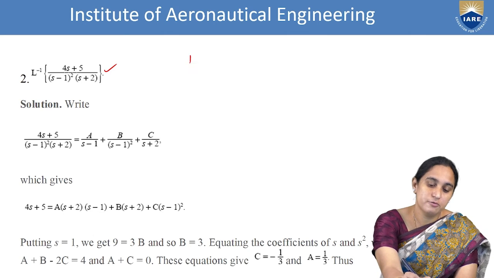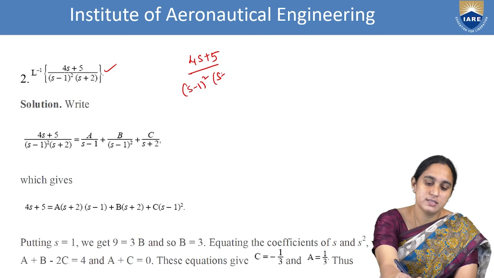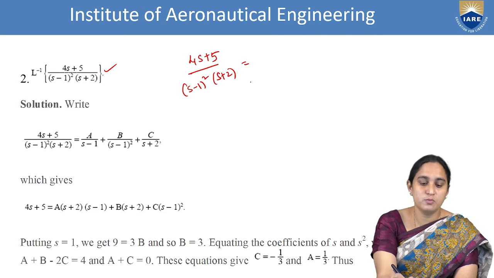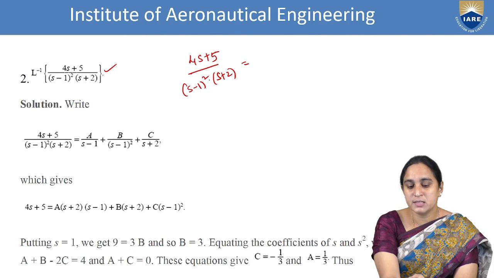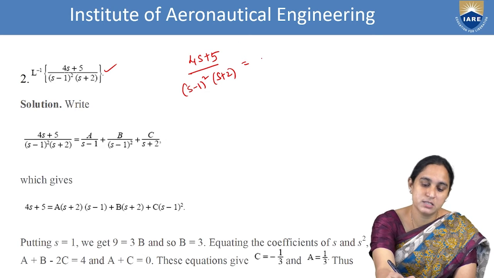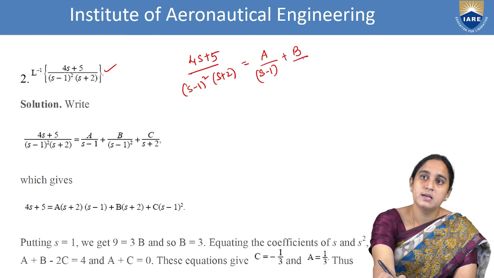That is 4s plus 5 by s minus 1 whole square into s plus 2 is equal to, how to separate the denominator here? Once you observe, the numerator power is less than the denominator. For that case, I am using partial fractions, that is a by s minus 1 plus b by s minus 1 whole square plus c by s plus 2.